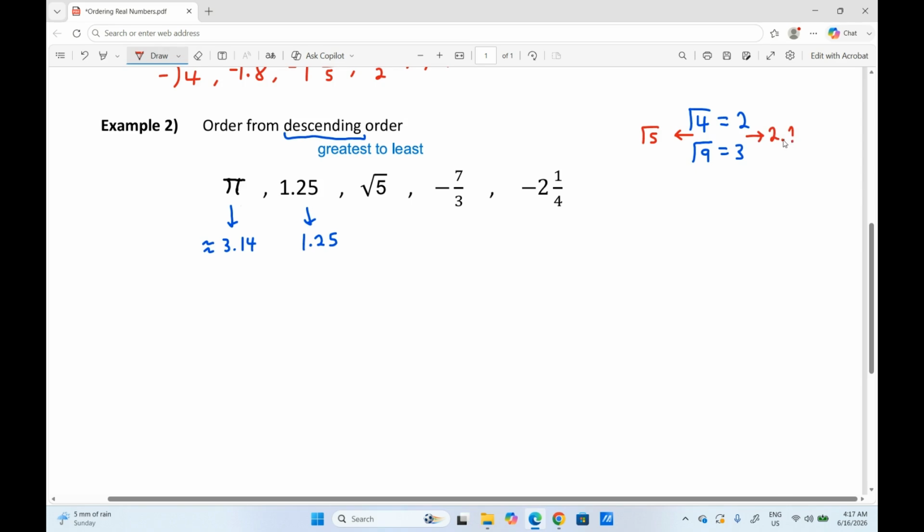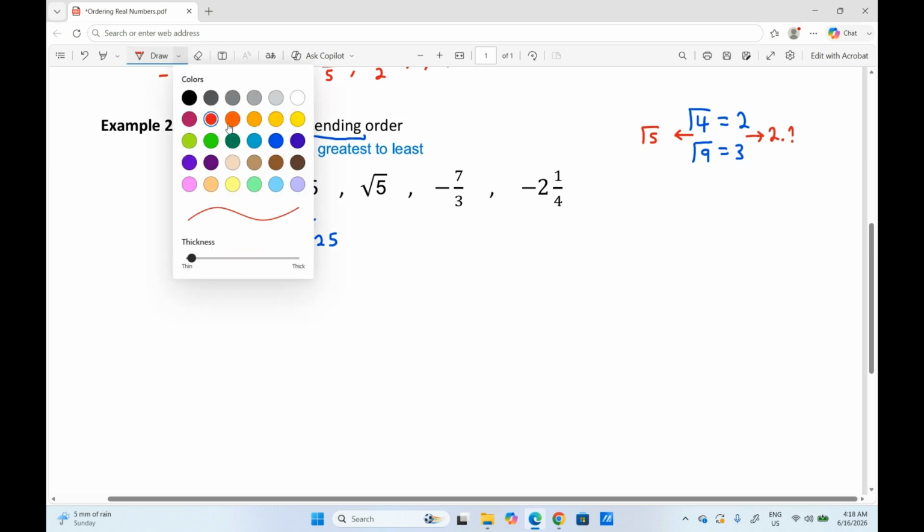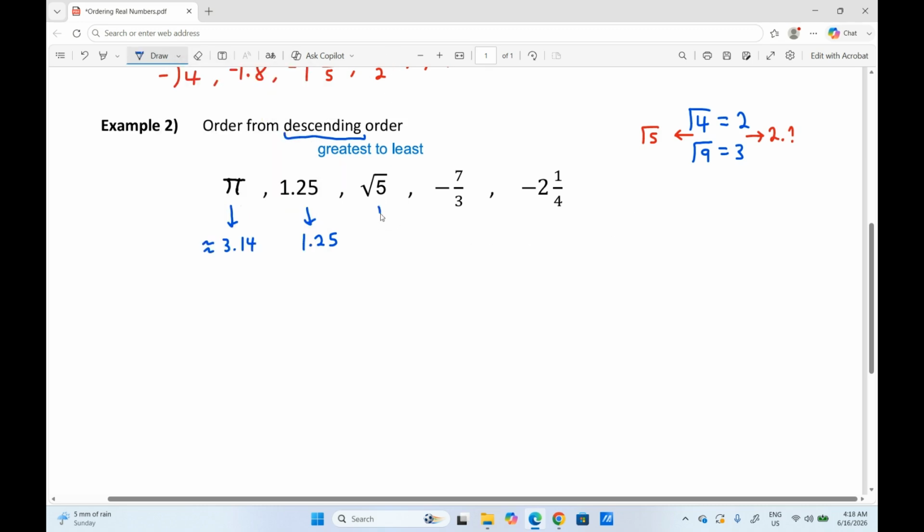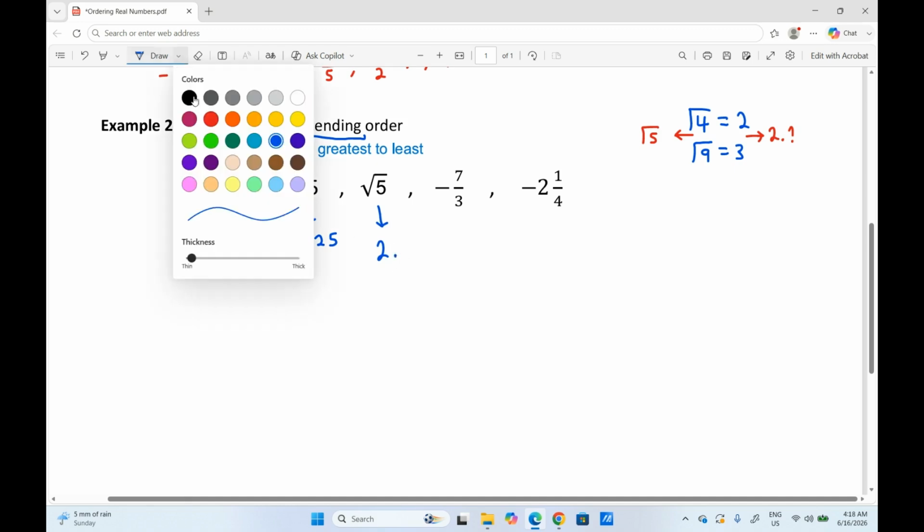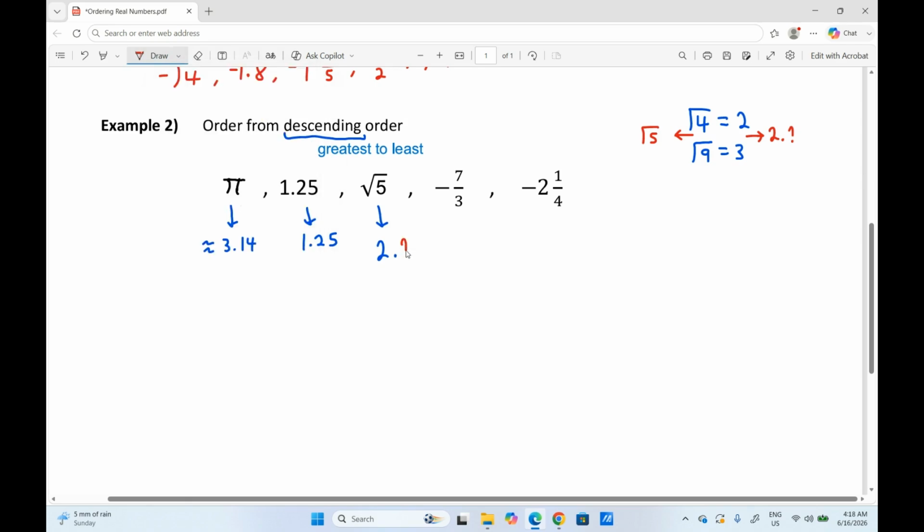We don't know what it is yet, so I'm just going to write 2 point question mark. It's between 2 and 3. That's all we know.